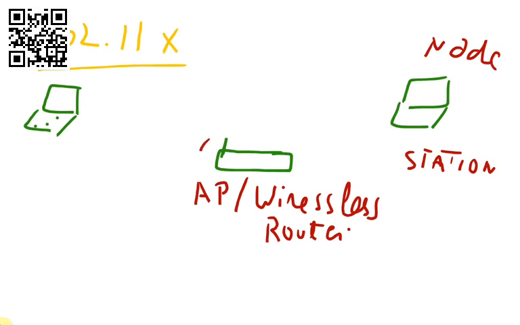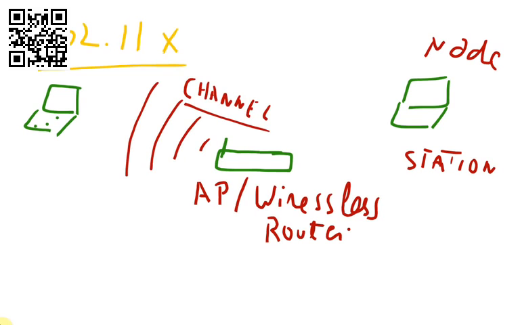And these wireless networks communicate wirelessly in air, and they use different channels to communicate. And the band or the frequency which is commonly used for wireless communication in home-based and small office-based networks is around 2.4 gigahertz.